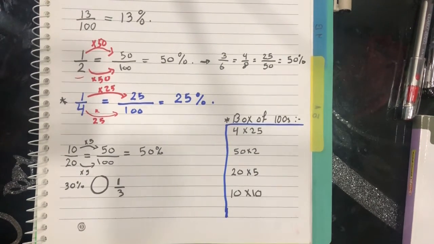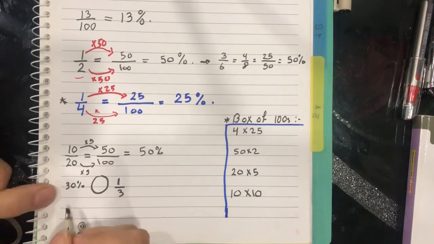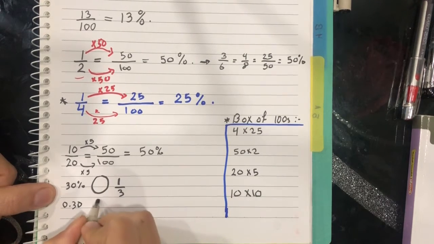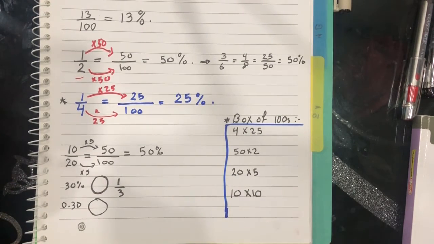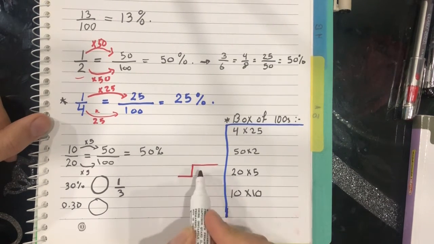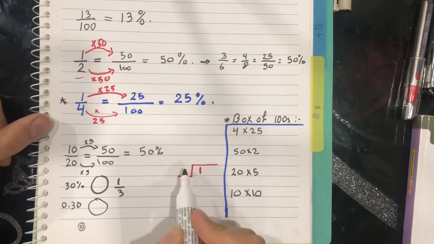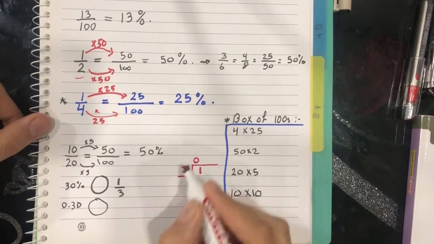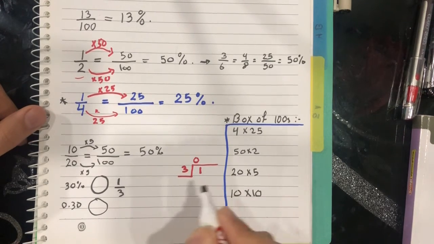Of course, 30%, if we turn it into a decimal, will be 0.30 or 0.3. Now 1 out of 3, if you convert it to a decimal, you need to do the long division that we explained in the previous lesson. You'll divide 1 by 3, which is 0. And here comes the decimal point.